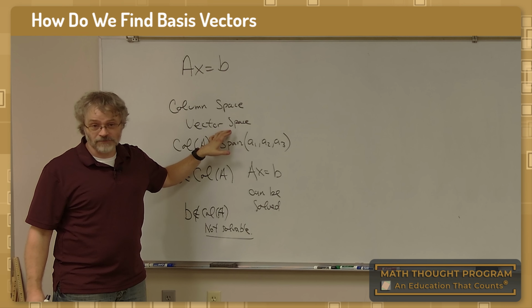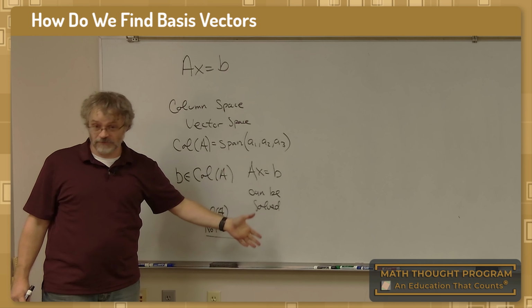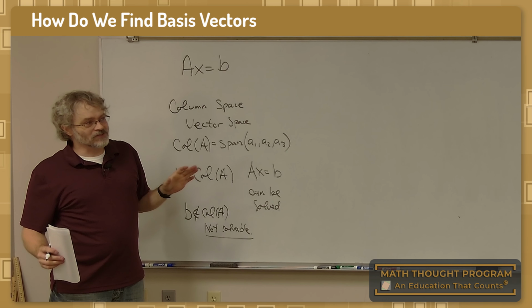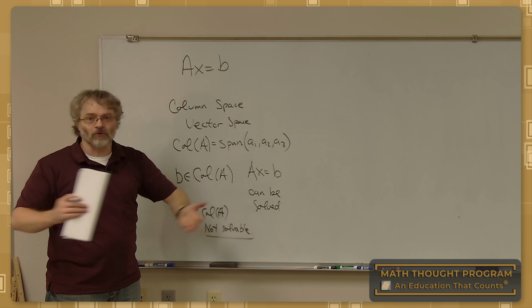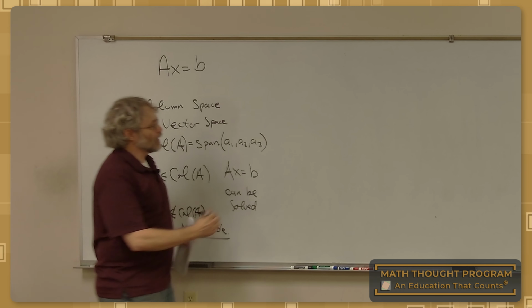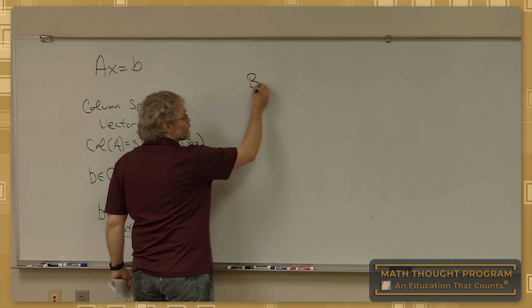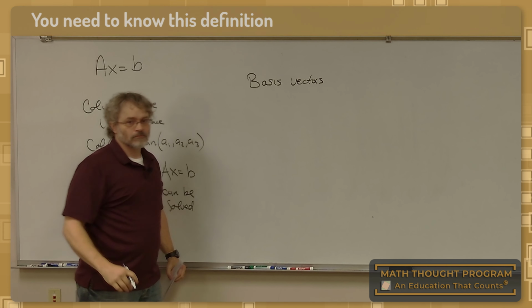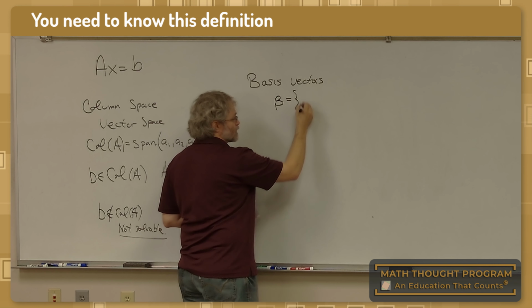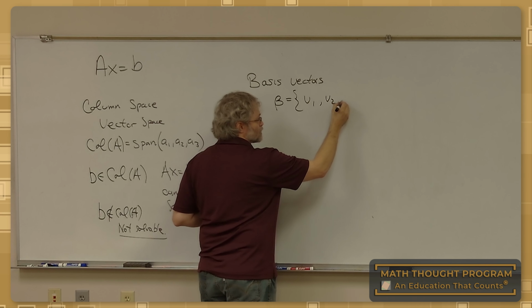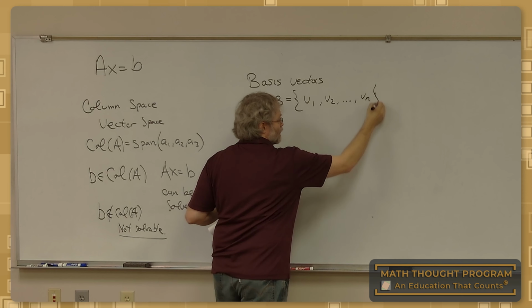Every single vector space, regardless of what space it is, there's going to be certain vectors which are going to allow you to reform the whole entire space. And those vectors, those are known as your basis vectors. Your basis vectors may be denoted as beta, and we'll say V1, V2, Vn.